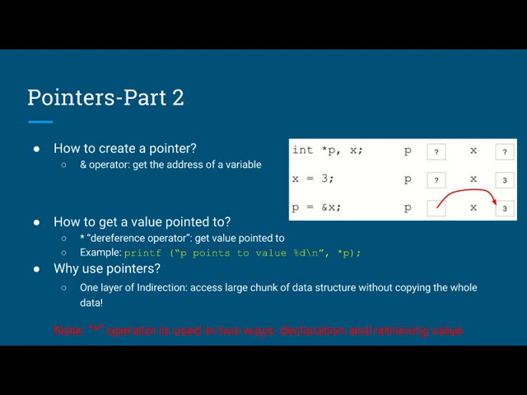So how do we create a pointer in C? We have 3 statements here. The first statement, int asterisk p, x. The asterisk mark is the pointer sign. It tells the compiler that p is an integer pointer. It points to an int.